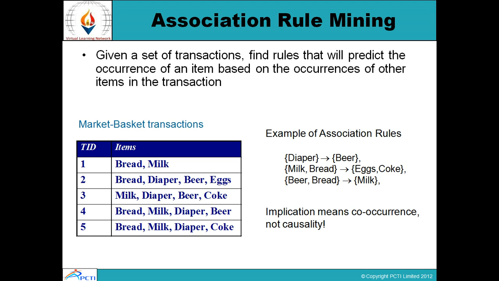Bread tends to lead to purchasing milk. Milk and bread collectively tend to lead to purchasing eggs and coke, right? So implication means co-occurrence, not causality. In this way, association rule mining helps us to categorize different categories of items according to some common tendencies.